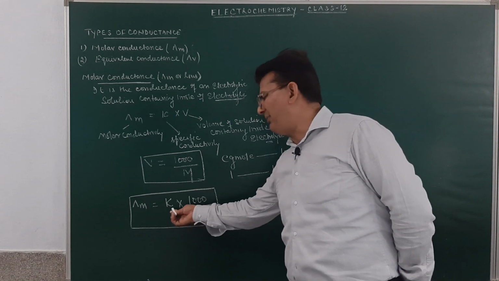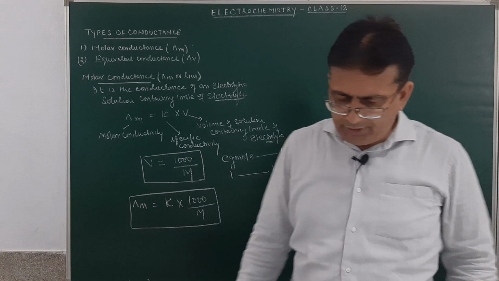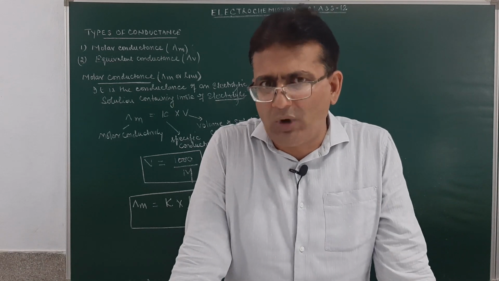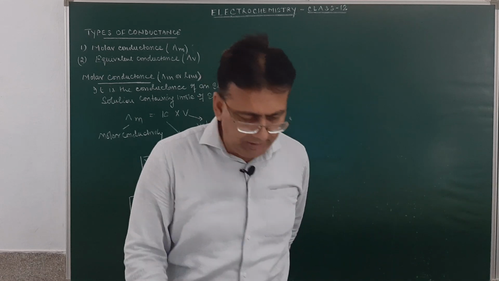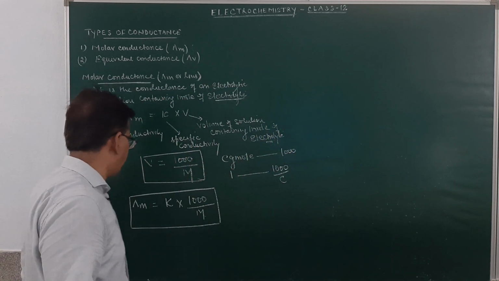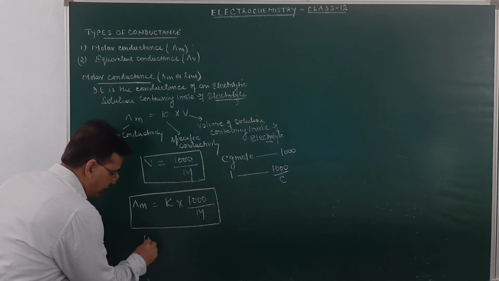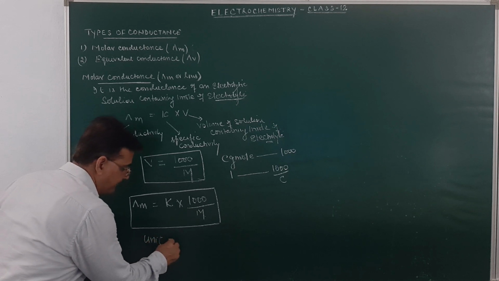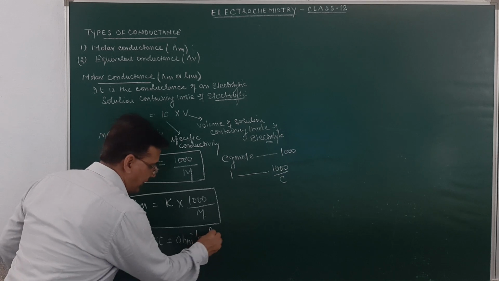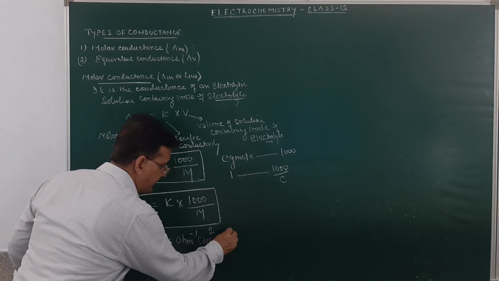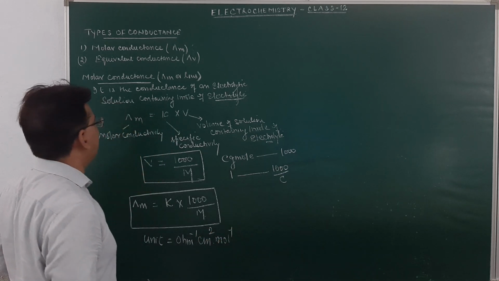Now, what is the unit of specific conductance? It is per ohm centimeter. What is the unit of molarity? This will be mole per liter. So, the unit of molar conductivity will be ohm inverse centimeter square per mole. I hope you must have understood this.